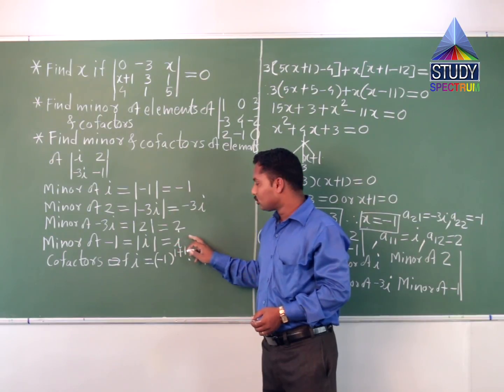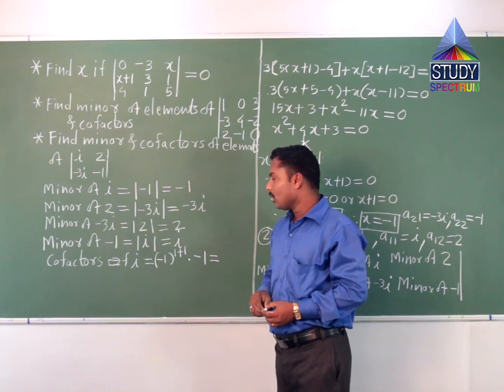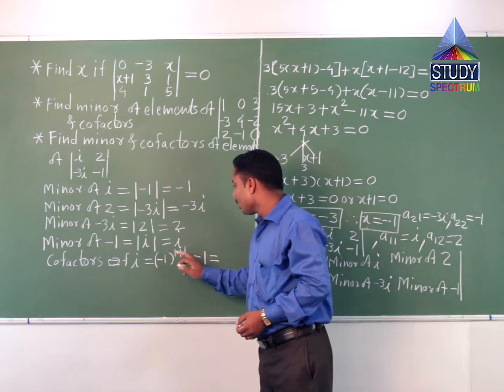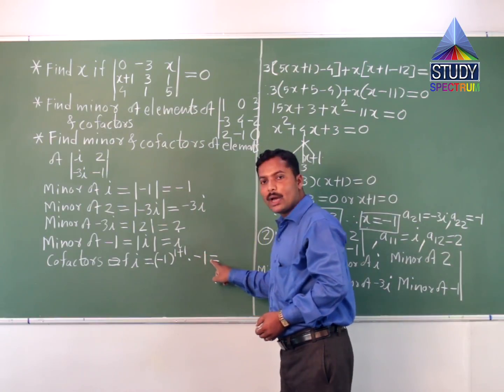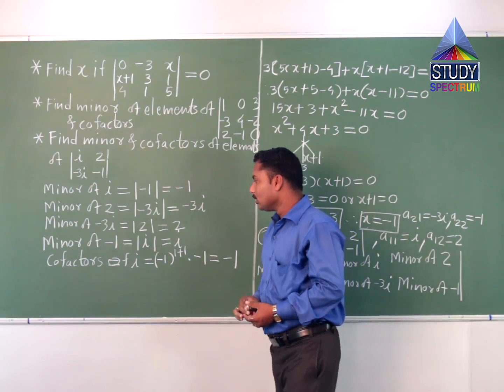Minus 1 raised to 2 means minus 1 squared, and the square of any number is positive, so 1. 1 into this -1, again -1.